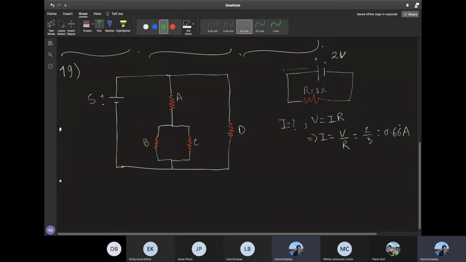So we'll say that the current flows this way, and that current is I.